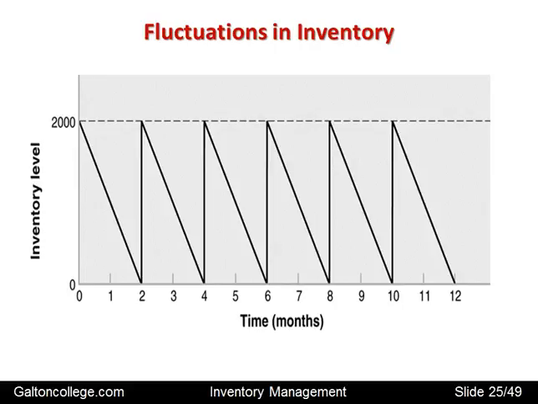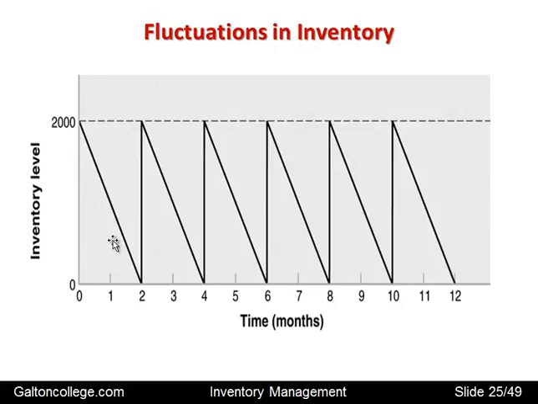Here we have the stock level at 2000, and over a 2-month period the stock is used up. You can see it's used up in a linear fashion. That's just an assumption I'm making. We're saying that the stock is used up constantly over the 2 months until it runs right out.